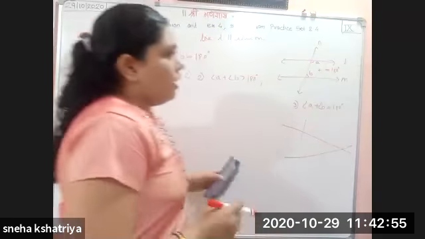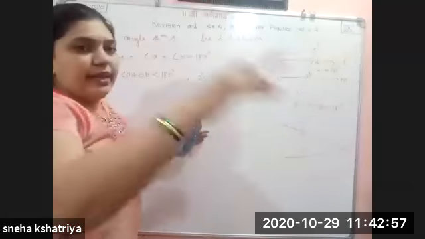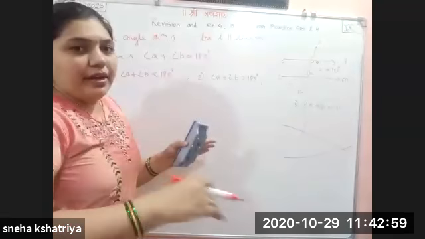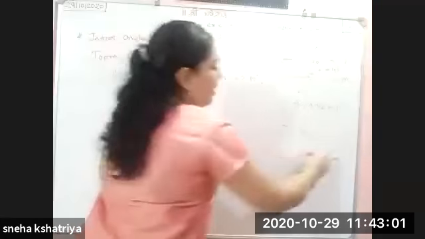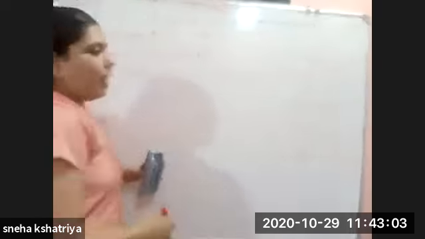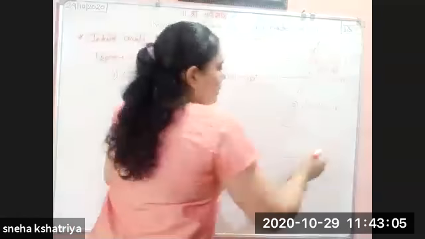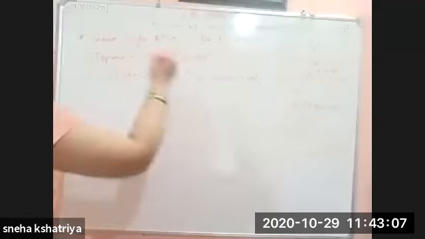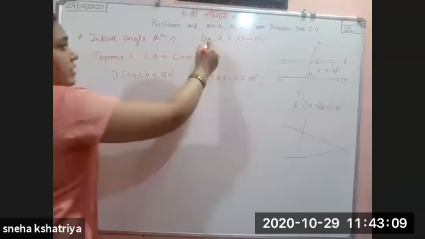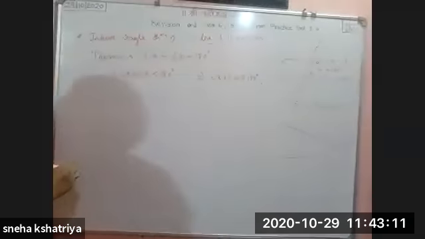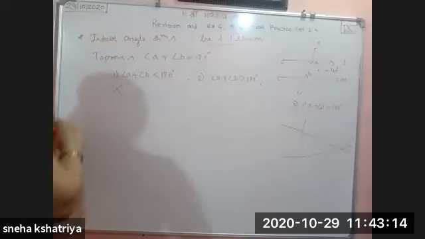If we extend that side to infinity, then these two lines will intersect each other. And if they intersect each other, that contradicts our given statement that lines L and M are parallel. So this condition gets cancelled.